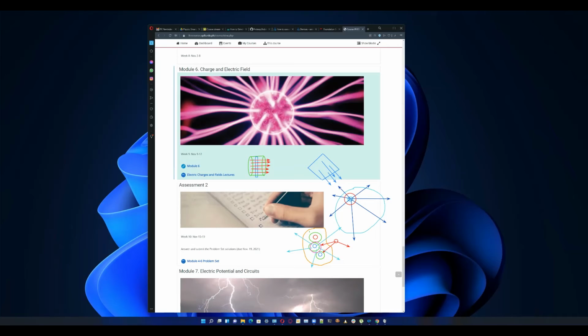Lahat ng surface niya ay parallel doon sa electric field line. That means na if you determine the number of lines crossing, there will be no line crossing on this surface. Magko-cross lang yung line mo doon sa dalawang circle.